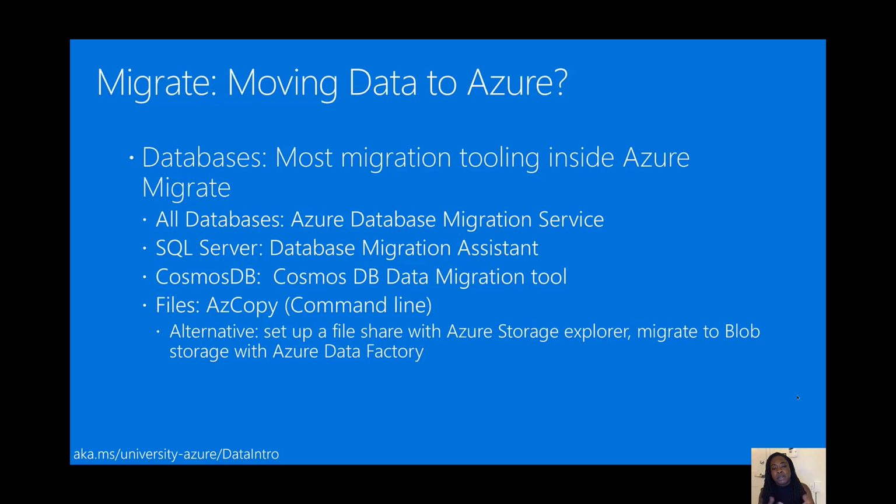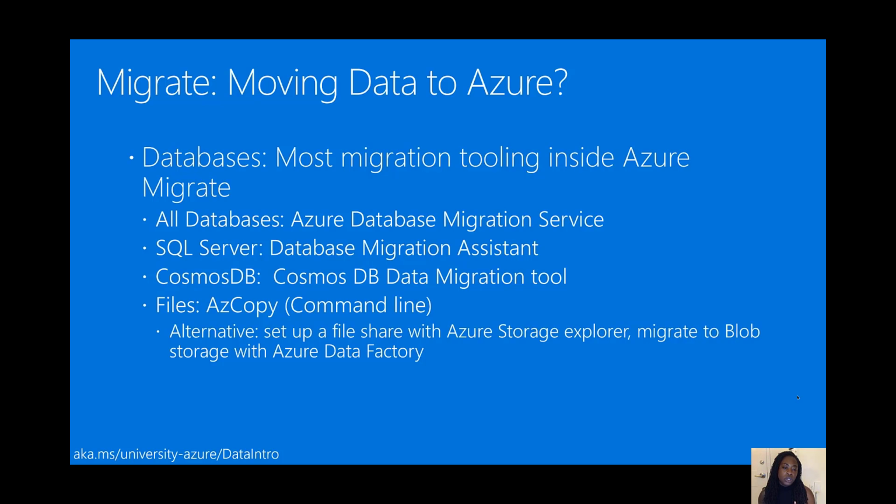If you have SQL Server on a server, you can check out Azure Database Migration Assistant. What's so great about these is they can actually all assess your data set and see if there'll be any weird compatibility issues, or if something will go wrong, before you even do the migration. Also, if you have any data like Cosmos DB, for example, a MongoDB database that you'd like to migrate, definitely check out the Cosmos DB Data Migration Tool.